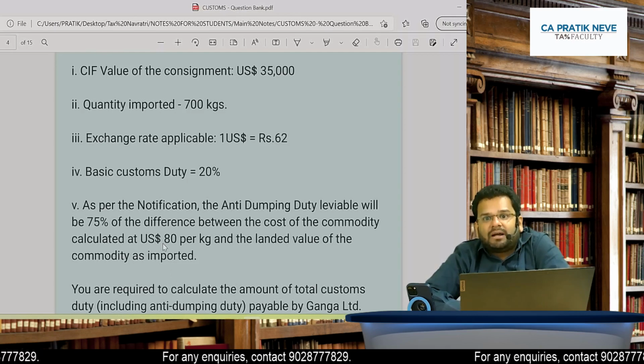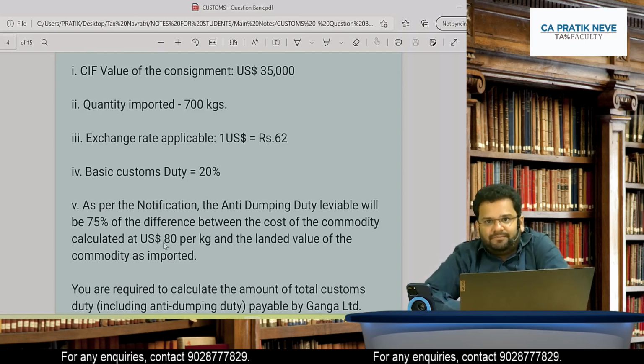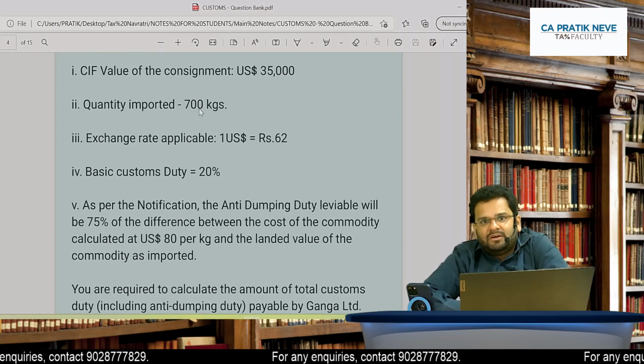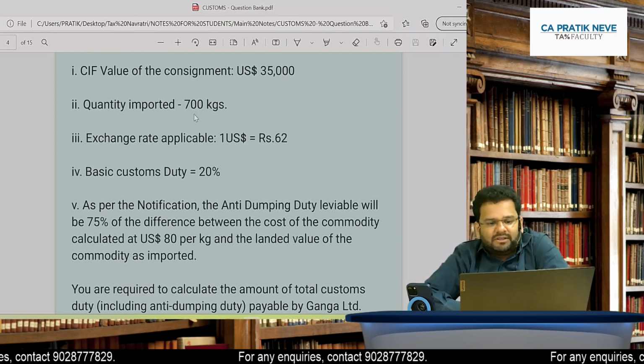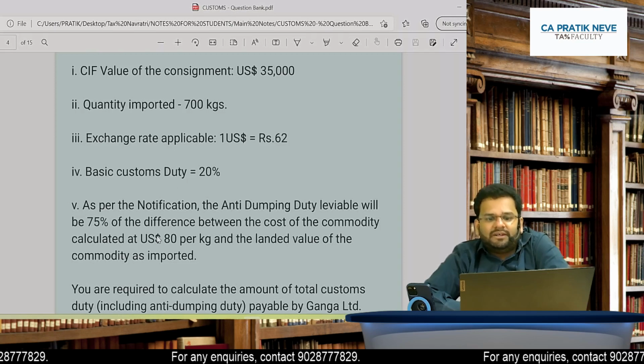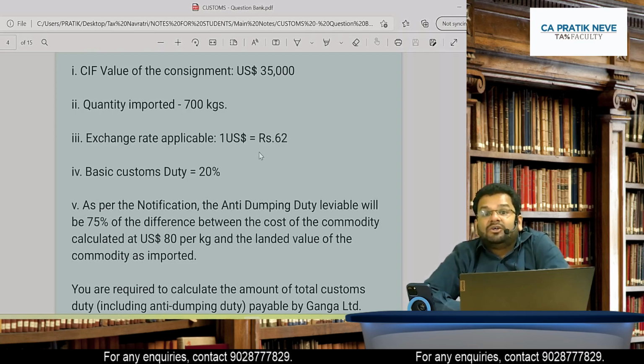Now friends, in the foreign market, indirectly in the foreign market, it is sold at $80 per kg. So $80 per kg into 700 kgs. Can you tell me what is its foreign market price? 700 into 80, $56,000.